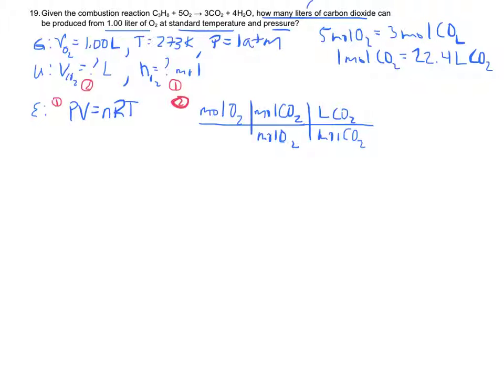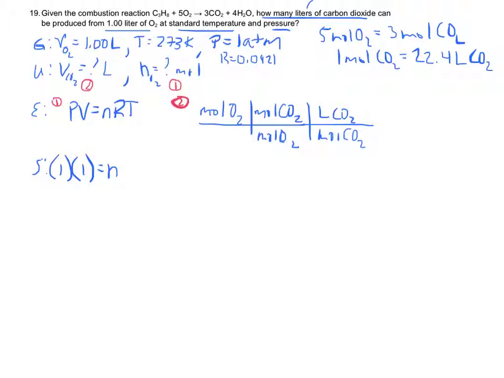All right, so let's go ahead and substitute in here and get our numbers. So our pressure is 1, our volume is 1, we're looking for the number of moles. Oh, I forgot to write down our ideal gas constant for this. Since we are using atmospheres, our ideal gas constant is going to be 0.0821.